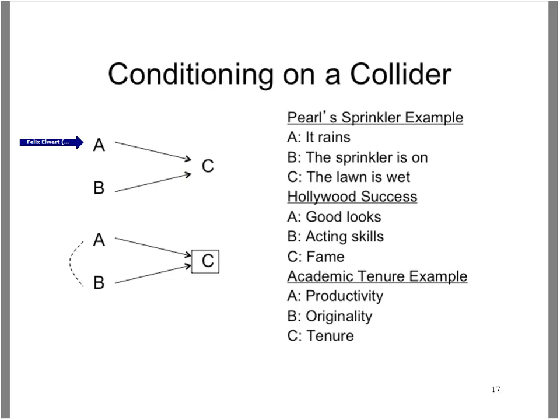So good looks and acting skills are marginally independent if you know nothing else. But what if we condition on the common effect? What if we only look at the population of famous Hollywood actors? Well, then knowing that somebody cannot act tells us that they must be really great to look at. Or conversely, knowing that they're really painful to look at tells us that they must be great actors. So again, having conditioned on a collider has induced an association between its immediate causes.